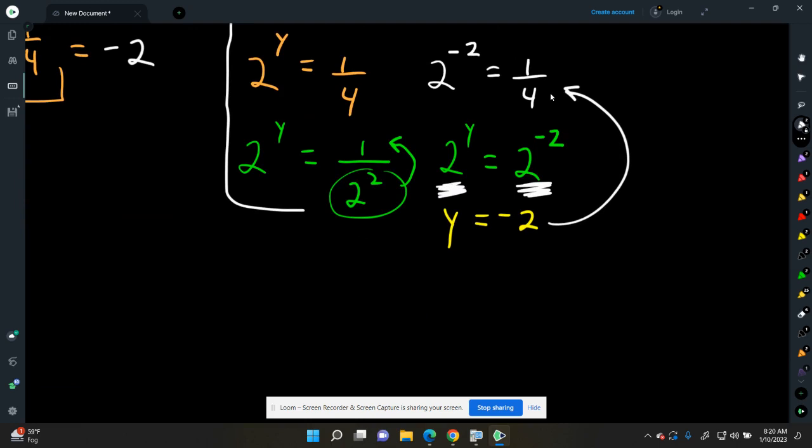Do you remember when we were solving the half-life word problems? On those, that's exactly what we did. Remember I told you get the same base on both sides? Because we hadn't learned about solving exponential equations or logarithms, I just told you if we have the same base, ignore the base, and just set the exponents equal.